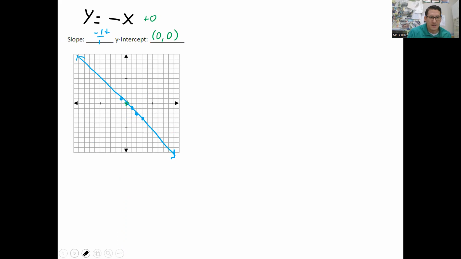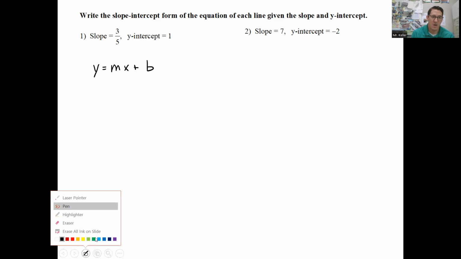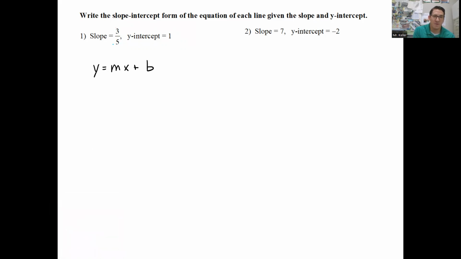All right. Next, write an equation. This should be real simple. Remember, we are writing the equation in y equals mx plus b form. So the slope, whatever this is, goes in for m.